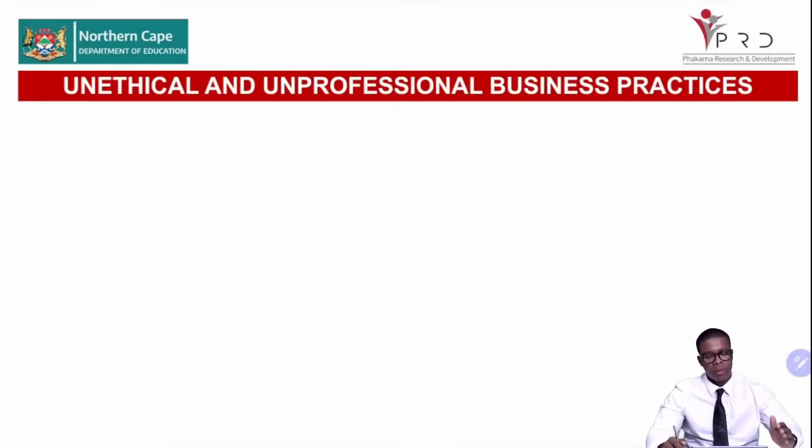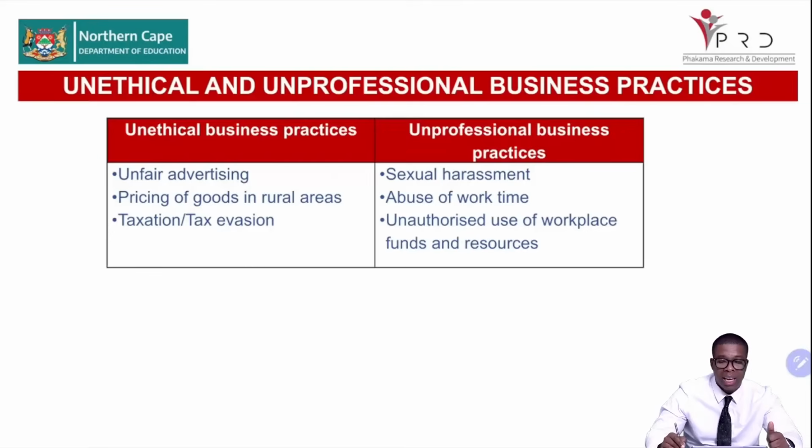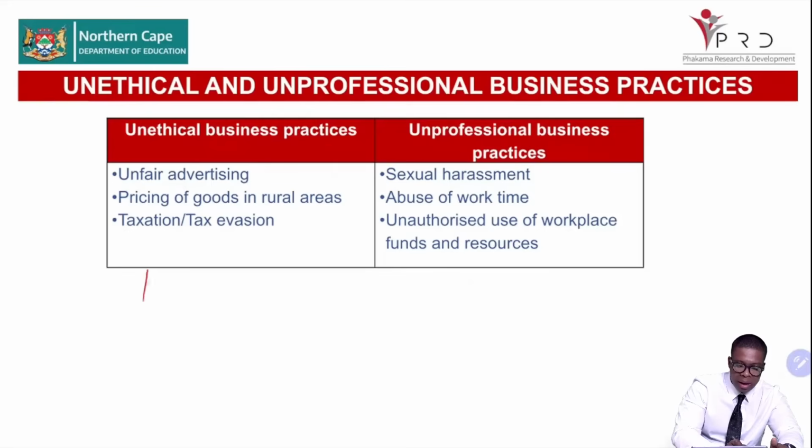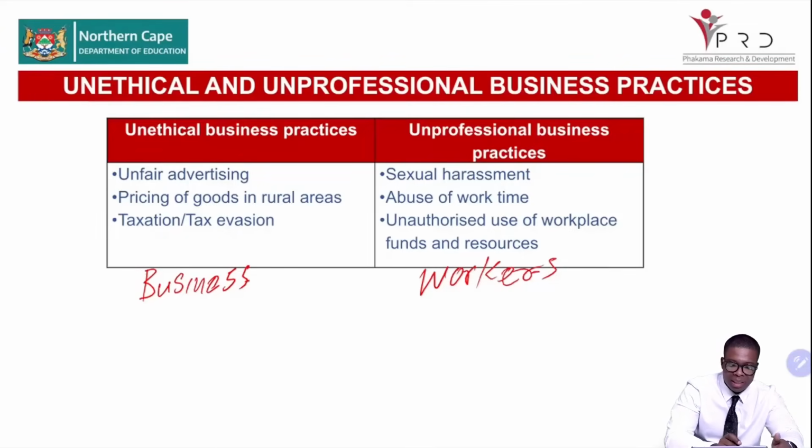Then we look now into unethical and unprofessional business practices. Unethical will focus on the business. This is regarding the business, and professional, I repeat, talks to the workers. Now, unethical business practices are not allowed.